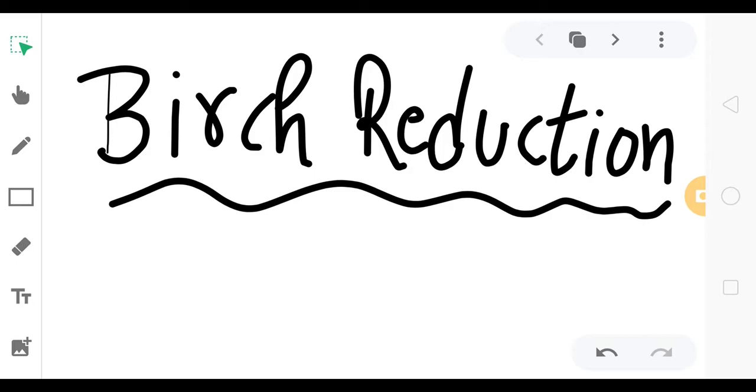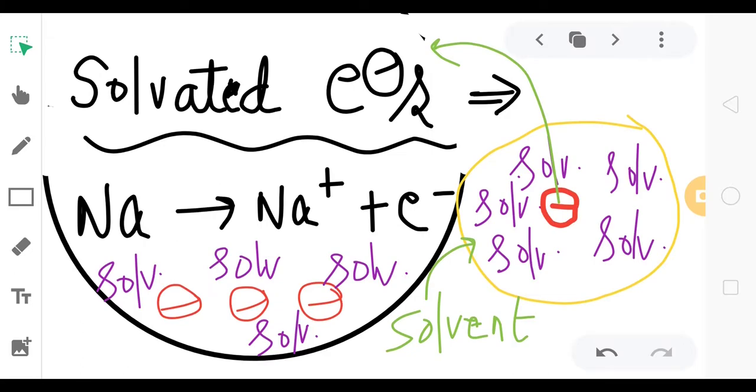Sodium in liquid ammonia forms solvated electrons, and these electrons will reduce our substrate. So how? Let's see. First, let's understand solvated electrons.